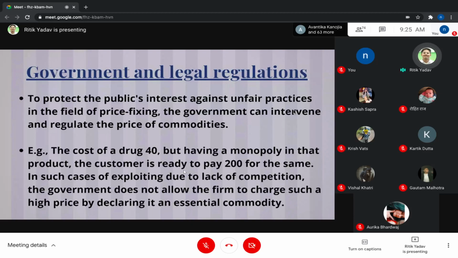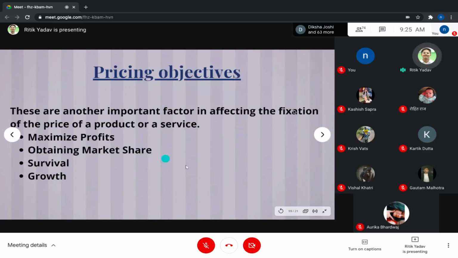For example, the cost of a drug is rupees 40, but having a monopoly in that product, the customer is ready to pay rupees 200 for the same.